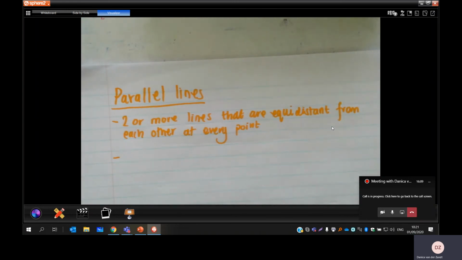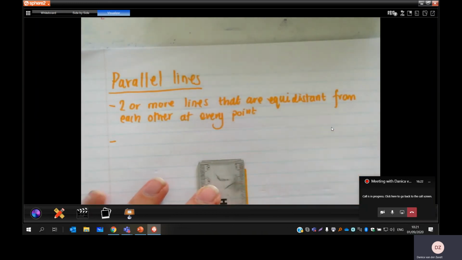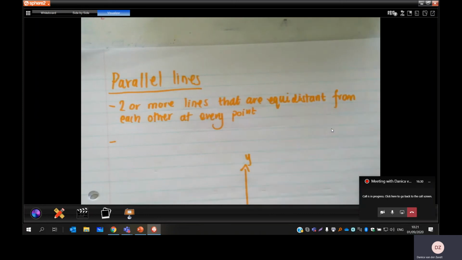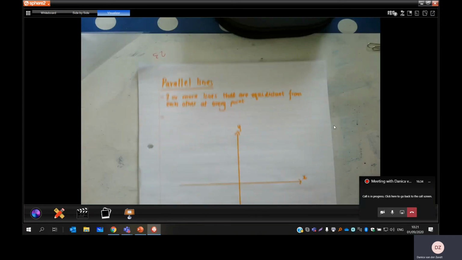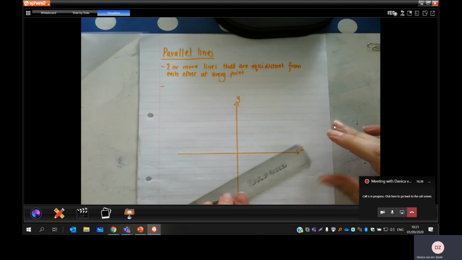Okay, so I'm leaving a little bit of space for a note, and then I'm drawing my Cartesian plane. My y-axis is still my y-axis, my x-axis is still my x-axis. Okay, and now I'm going to draw a random line.